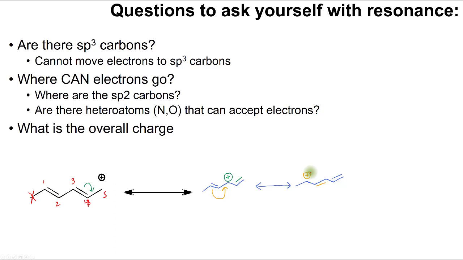And that makes that carbon that I've labeled 1 positive. So those are my resonance structures there. There's no heteroatoms that I need to worry about. My overall charge in each of these structures is positive 1. And again, I've not put any electrons into that sp3 carbon because that's not allowed.